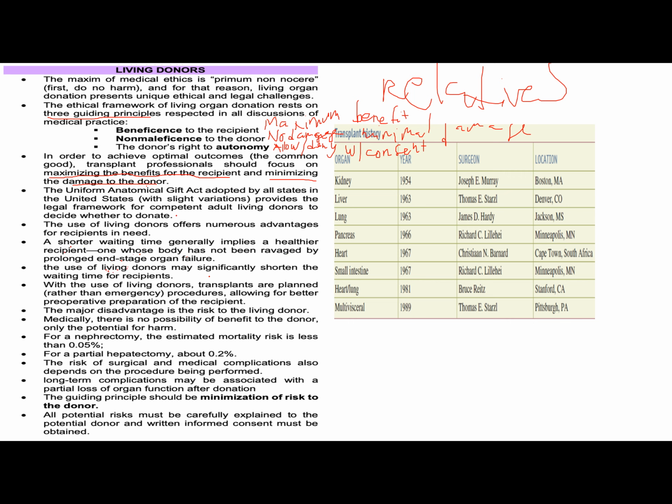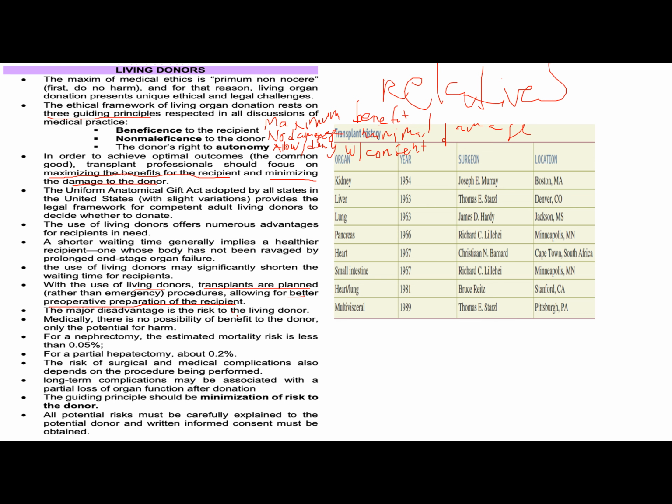Kasi nga, class, alangan naman mag-aantay ka pa or you have to wait pa for people to die. By having living donors, you can shorten the waiting time. And in living donors, class, transplants are planned better, allowing for better preoperative preparation of the recipient.